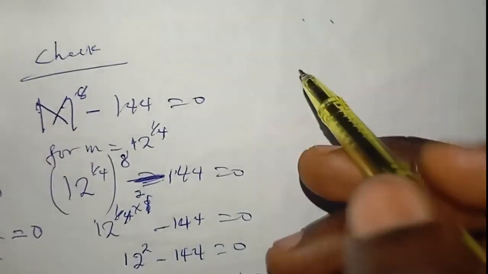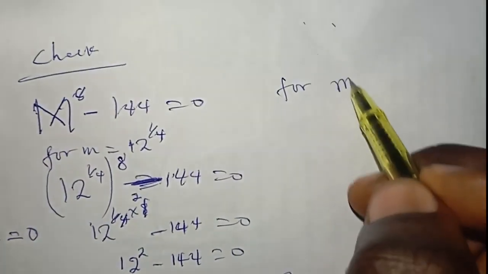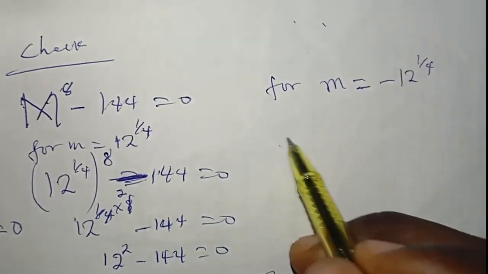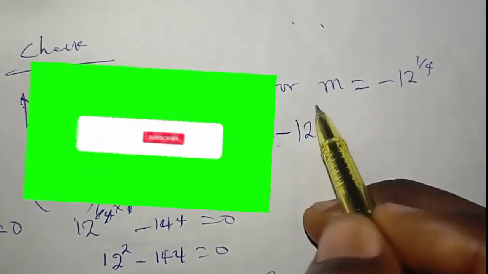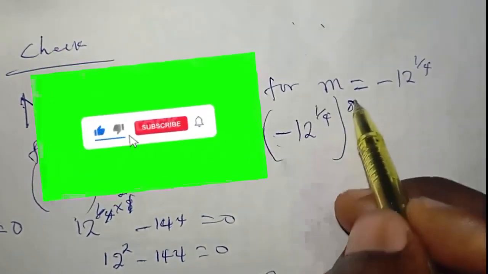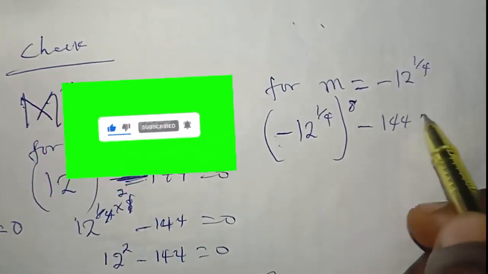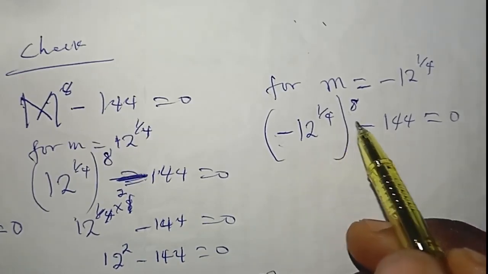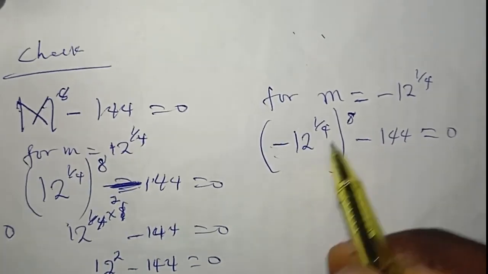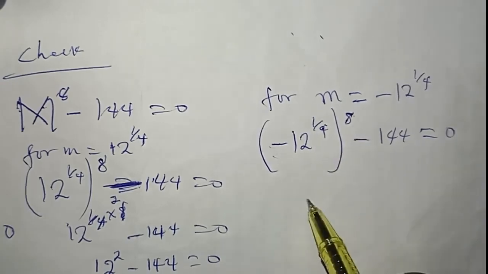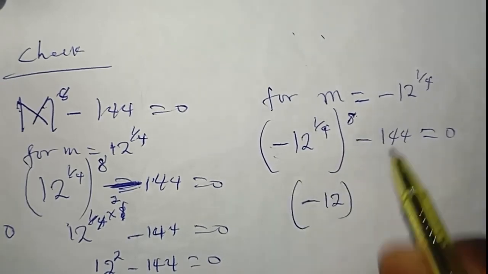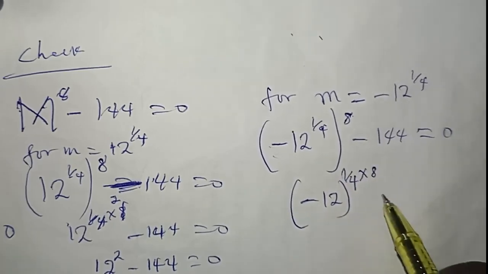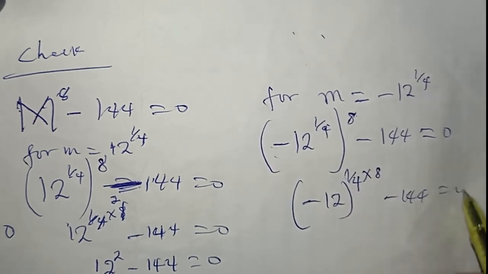So next we check for m equal to negative 12 power 1 over 4. Then what we now have is negative 12 power 1 over 4, and then power 8, minus 144 is equal to 0. Okay, so using the same rule right here, I am also going to use this to divide this, so that I have minus 12 power 1 over 4, multiplied by 8, and then minus 144 is equal to 0.